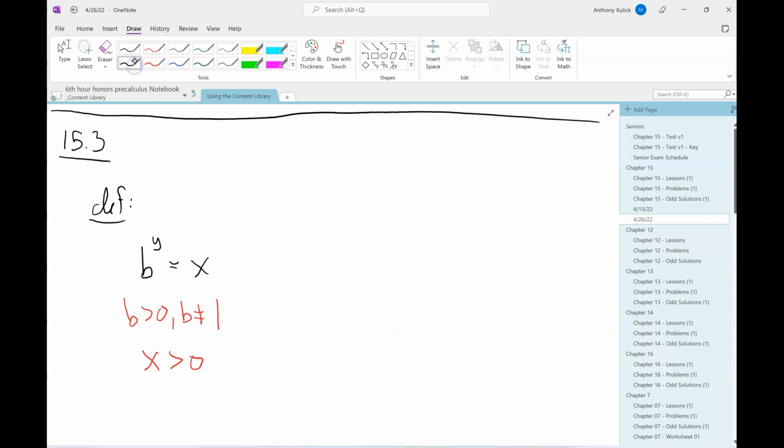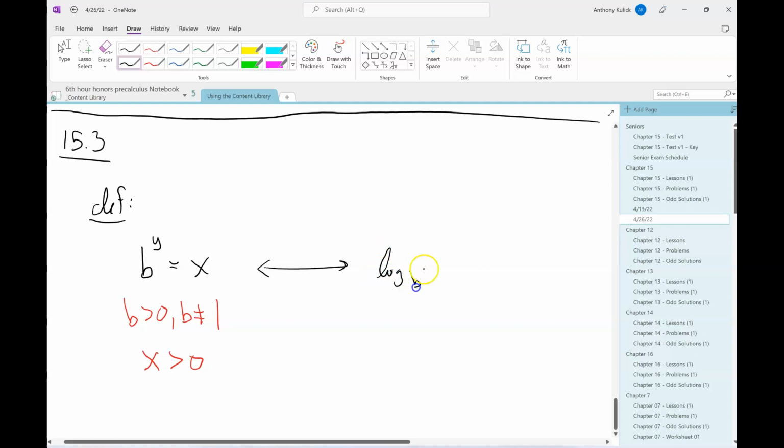Okay. So our standard definition for a logarithm is that I can translate this exponential equation into a logarithmic equation where all of the same attributes from our exponential equation travel over.